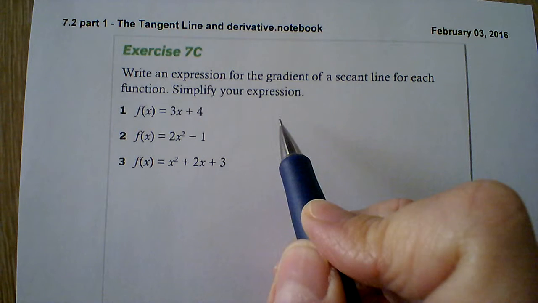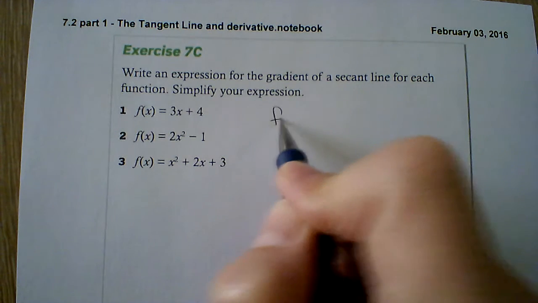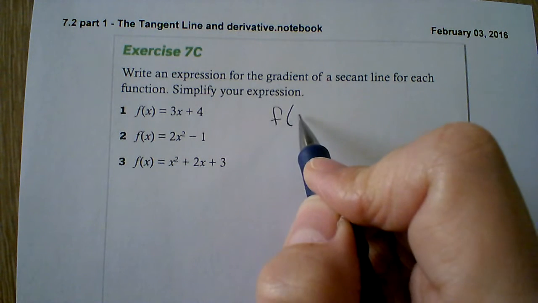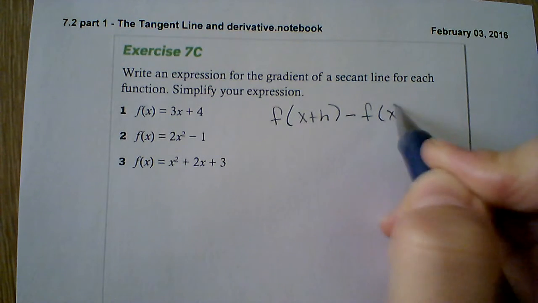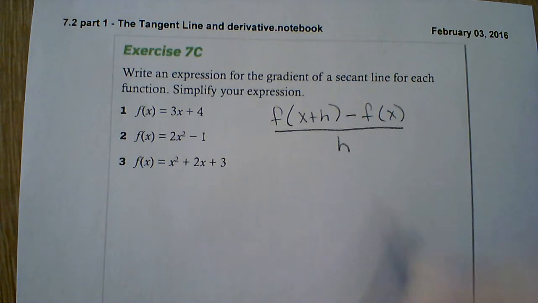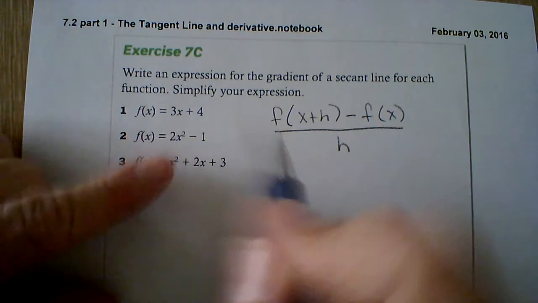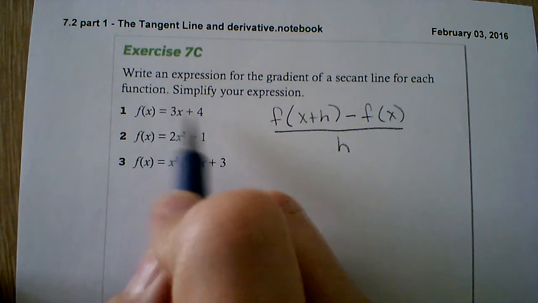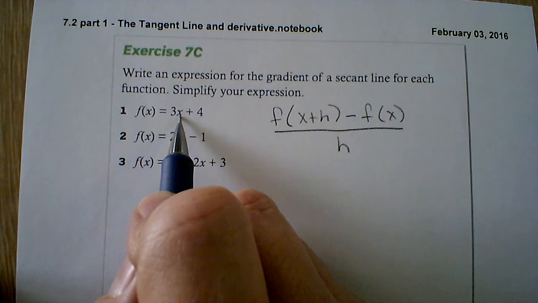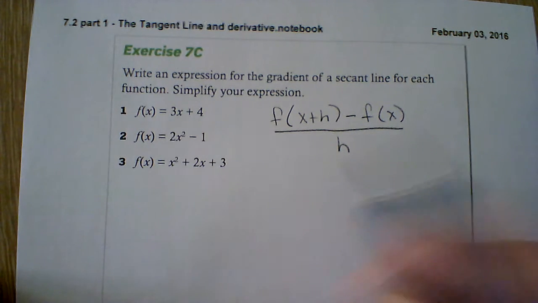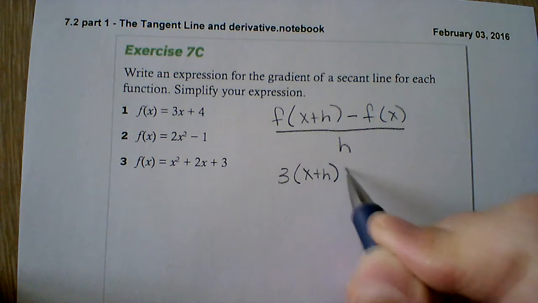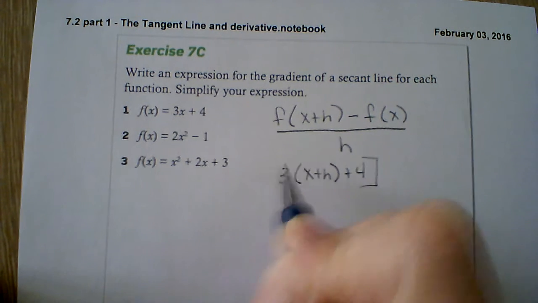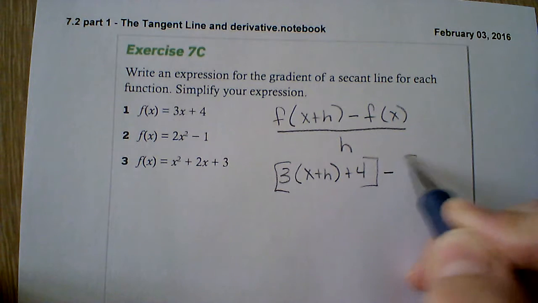So, again, our formula is f of x plus h minus f of x all over h. So my function is 3x plus 4. So in place of x, I write x plus h, right? So this becomes 3 times x plus h plus 4. That's the first one.